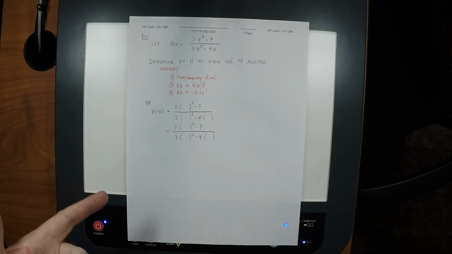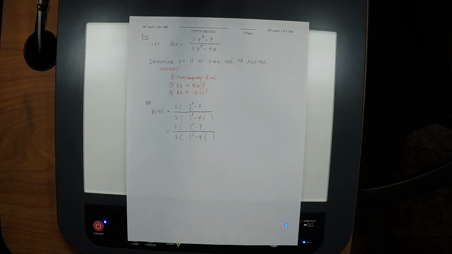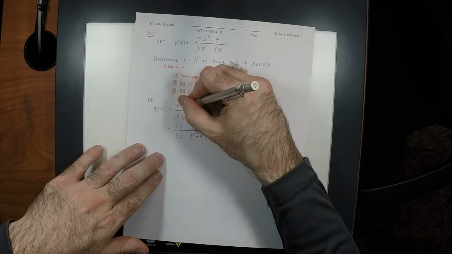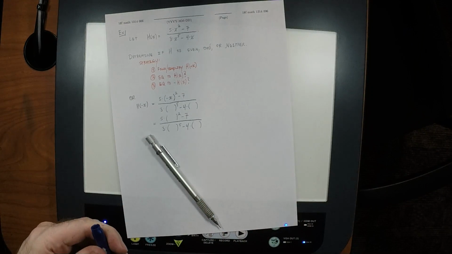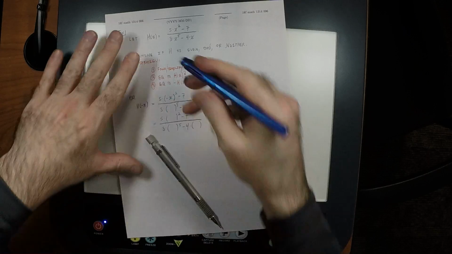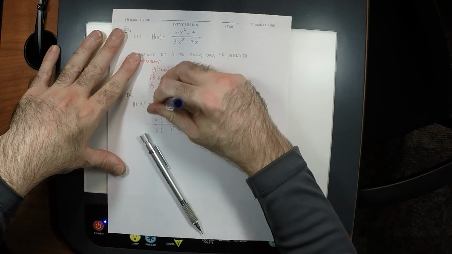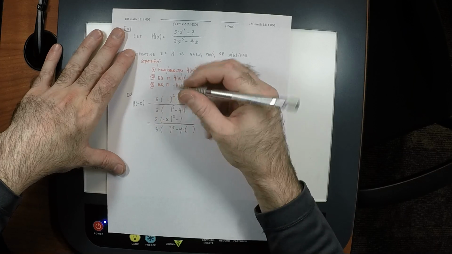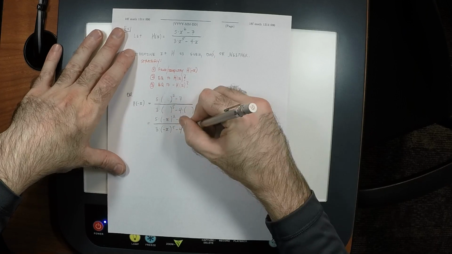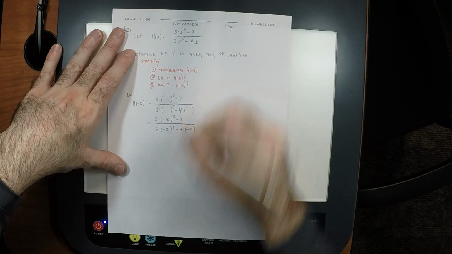So what is it that I need to write in there? Negative x. Okay, so I do that. Oh, not that one, I wanted to leave that one. Negative x, negative x, negative x.